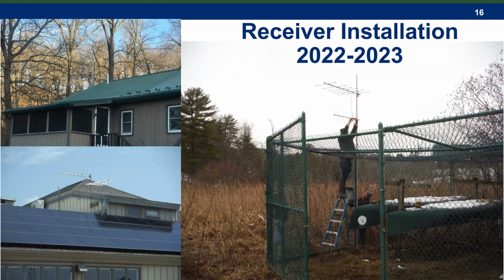After we had all our receivers constructed, we began working with our partners to install them at the various sites. We started installing the receivers in 2022, and we just finished installing the last of the 4 receivers at the end of 2023. Most of the receivers are co-located on a building with AC power and Wi-Fi, which makes things a lot easier.